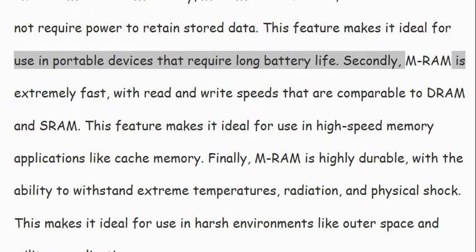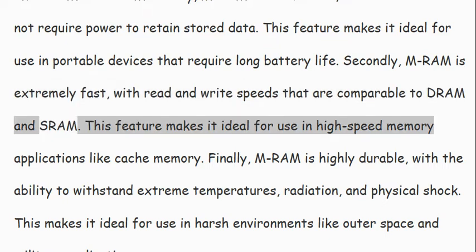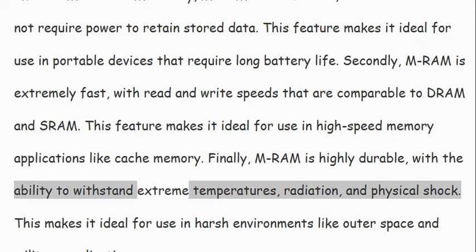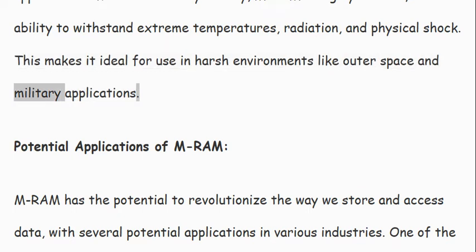Secondly, MRAM is extremely fast, with read and write speeds that are comparable to DRAM and SRAM. This feature makes it ideal for use in high-speed memory applications like cache memory. Finally, MRAM is highly durable, with the ability to withstand extreme temperatures, radiation, and physical shock. This makes it ideal for use in harsh environments like outer space and military applications.